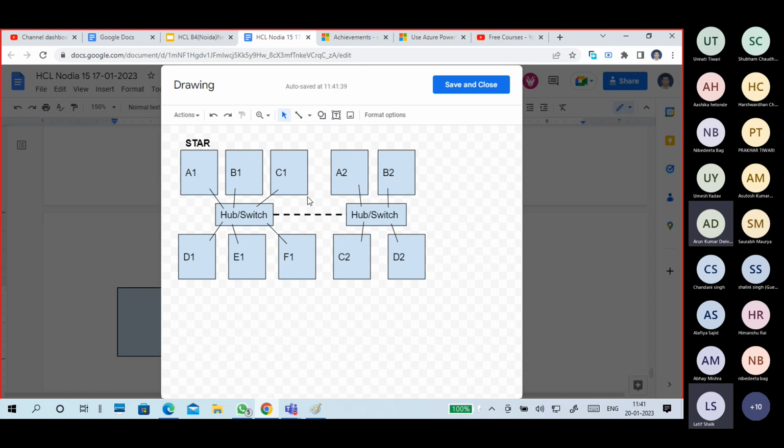So this is called an extended star, this part. This part is a star topology. Now we are connecting two star topologies together, that is called extended star. Extended star means we extend our star topology.